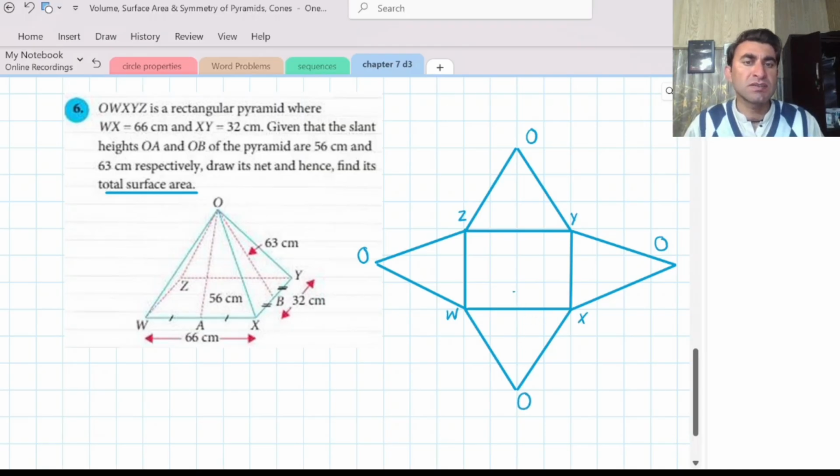As we know, this base is 66 centimeters and here it is also 66 centimeters. This one is 32 centimeters and here it is also 32 centimeters.